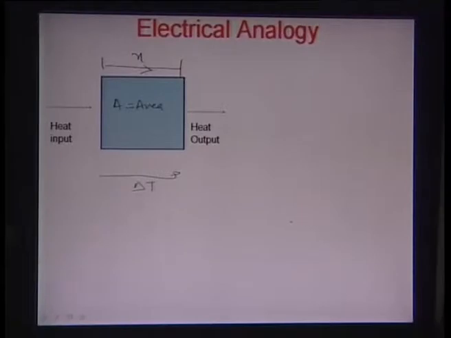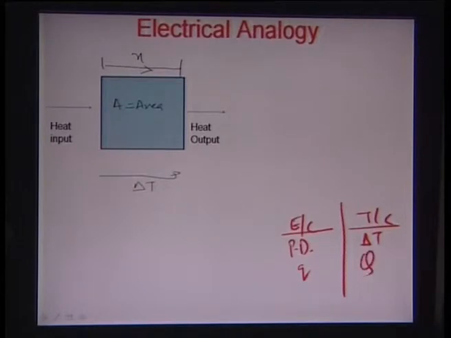If we consider the equivalent model that we drew earlier between the electrical circuit and the thermal circuit, the potential difference in an electrical circuit corresponded to the delta T, the temperature difference in the thermal circuit, and the charge Q in an electrical circuit was equivalent to the heat in the thermal circuit.